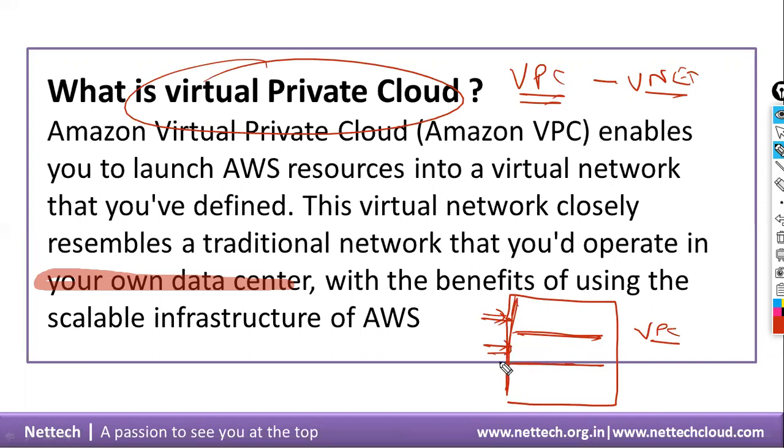Resources placed in public subnets would have internet connectivity, internet accessibility, and EC2 or virtual machines in the private subnet, by default, would not have internet connectivity in any direction, no inbound, no outbound connection. And we achieve all this with the help of routing only.